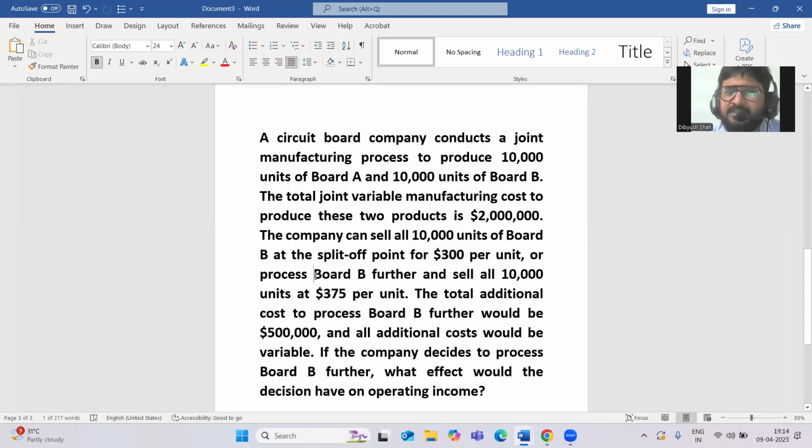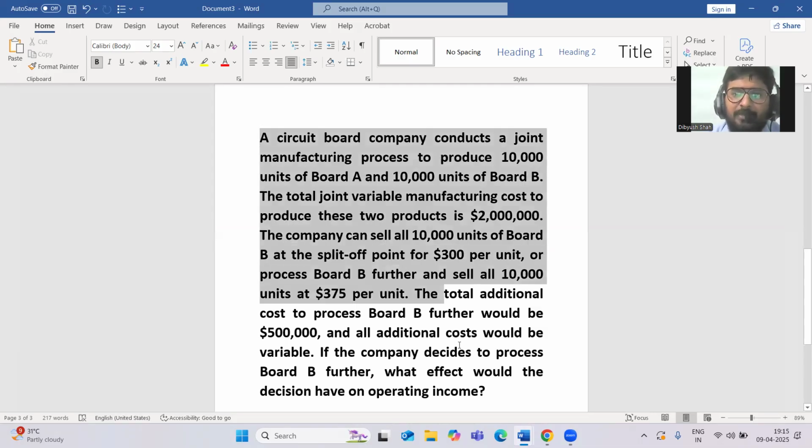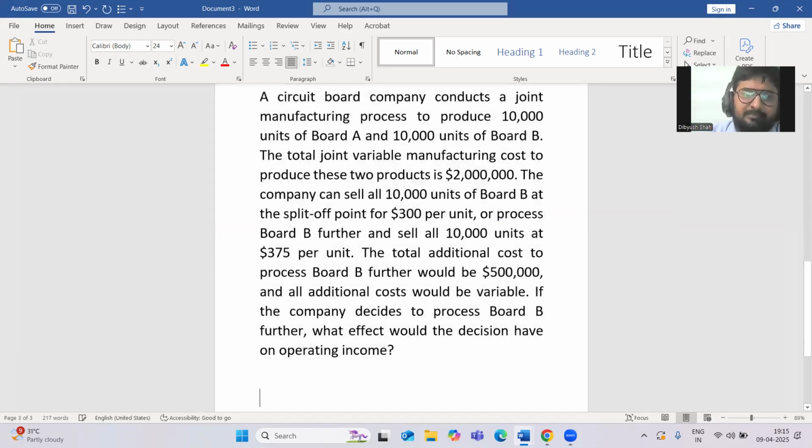They can process board B further and sell all the 10,000 units at $375 per unit. Total additional cost to process board B further would be $5 lakh, and all additional cost would be variable. If the company decides to process B further, what would be the decision on operating income?